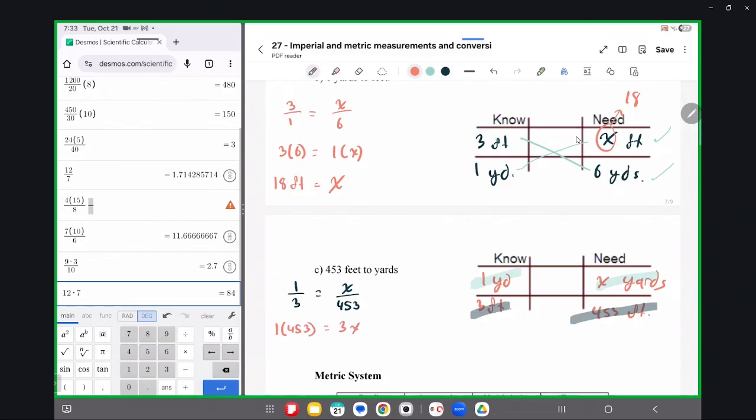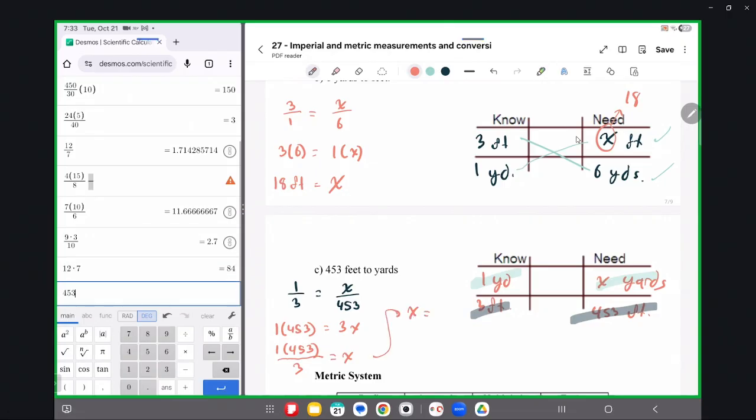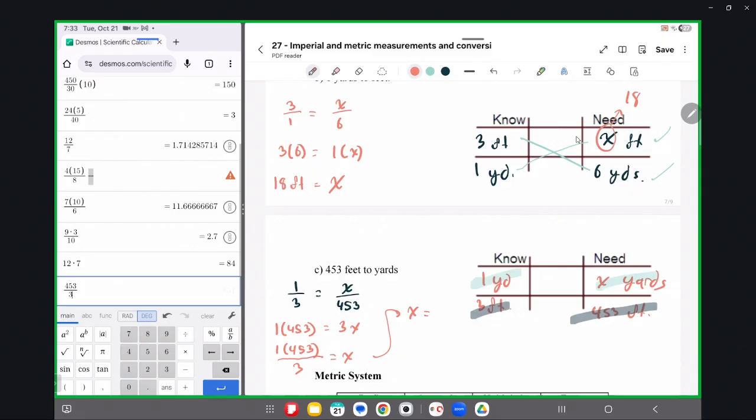So then we just take 1 times 453 divided by 3 to get our x value. So x will be whatever 453 divided by 3 is, which is 151. So x is equal to 151. I'm pretty stingy with the space here, so I end up doing this little arrow quite a bit. But for your own notes, just make sure you leave plenty of room for yourself.